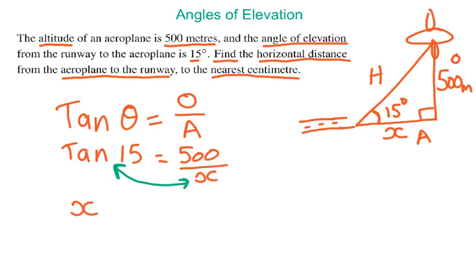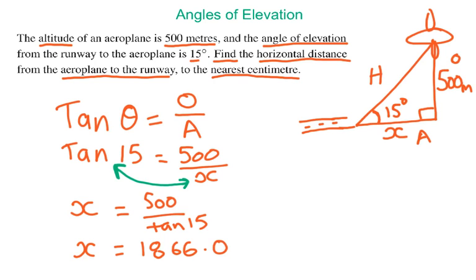And that allows x to be on its own. So it's 500 divided by tan 15. And that leaves x to equal 1866.03, and we were in metres, and notice they want it to the nearest centimetre.